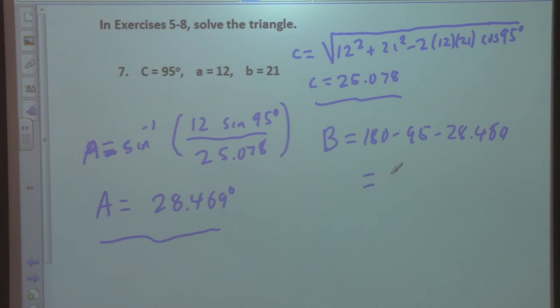Oh, 56.531, yes. Okay, that's big C. No, that was big B. Oh, that was big B? Oh, it's big B, sorry. Yeah, big B. This one right here. Okay. I think that's right.